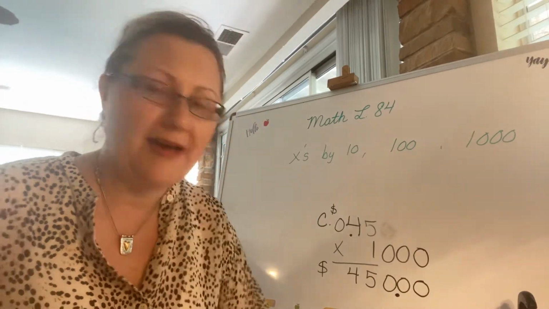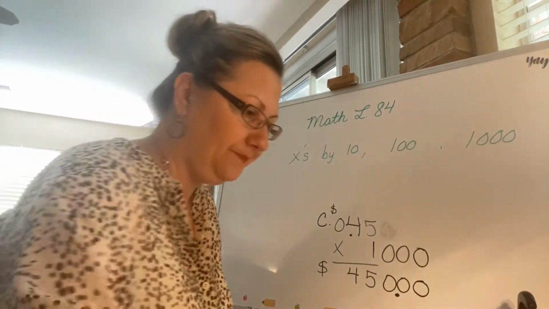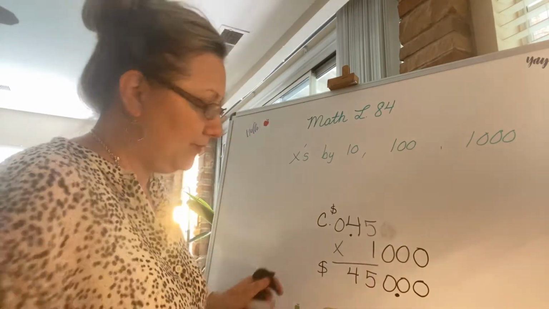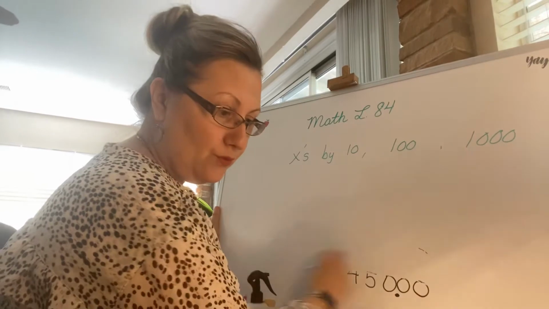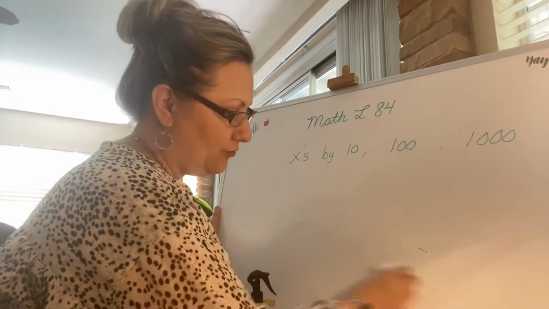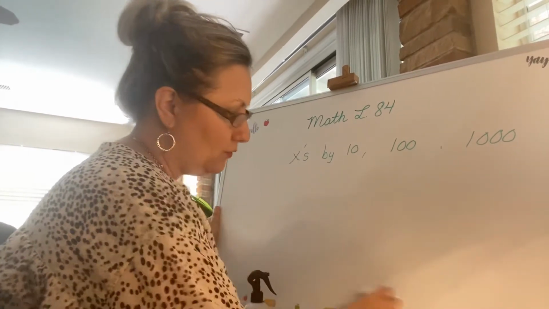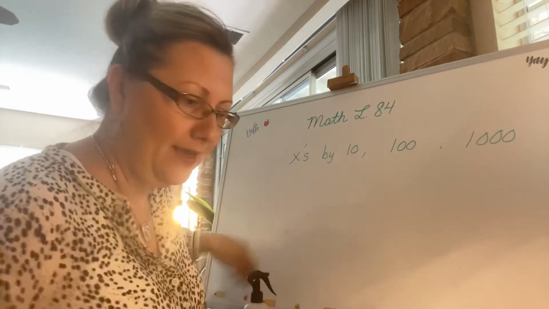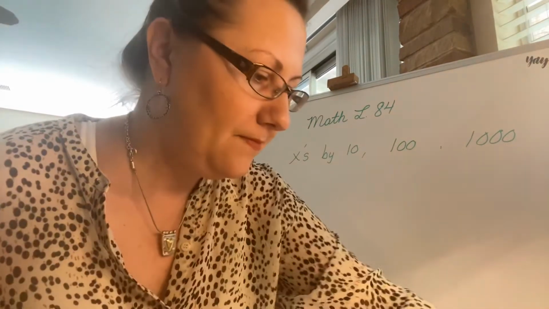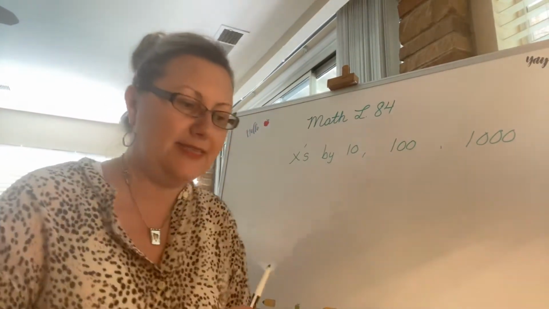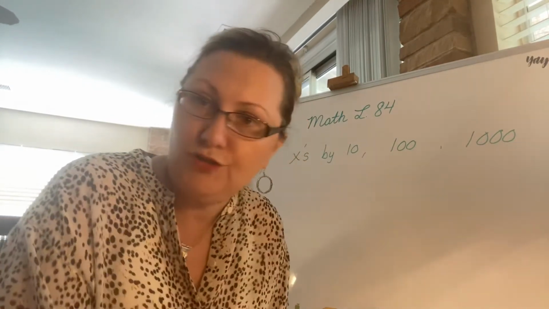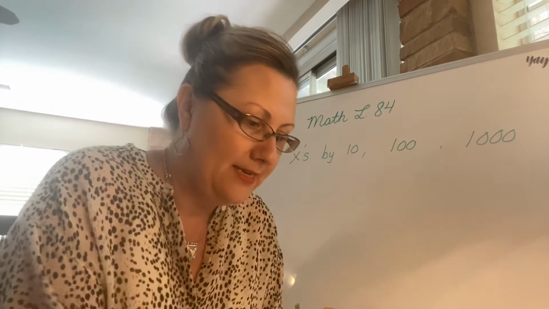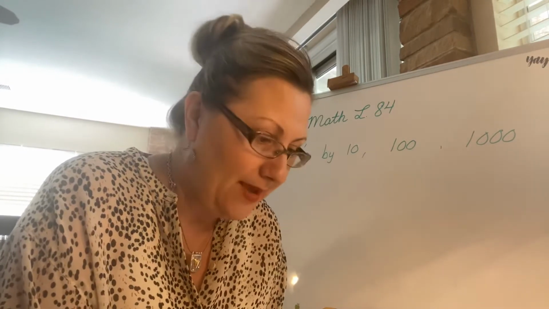Okay, what about example number 2? I'm going to read it while I erase. So pay attention to example 2 on page 563. I do want you to be looking in your book and following along. So in example 2, it says a cement company delivered 10 tons of cement to a construction site. It's quite a bit of cement.